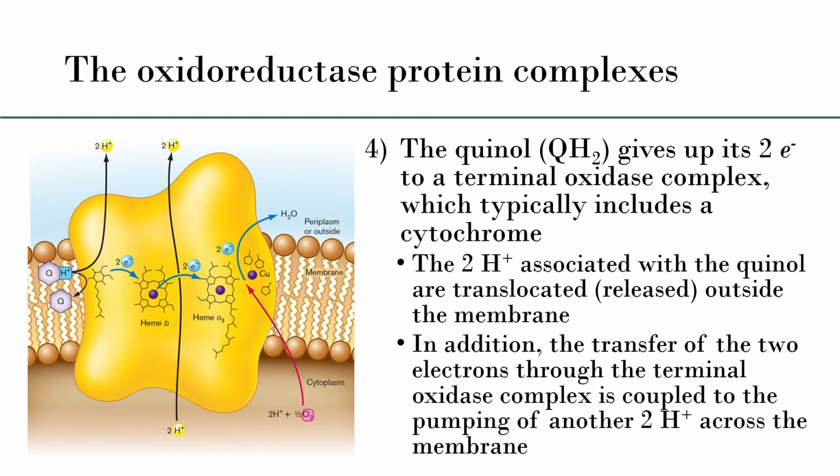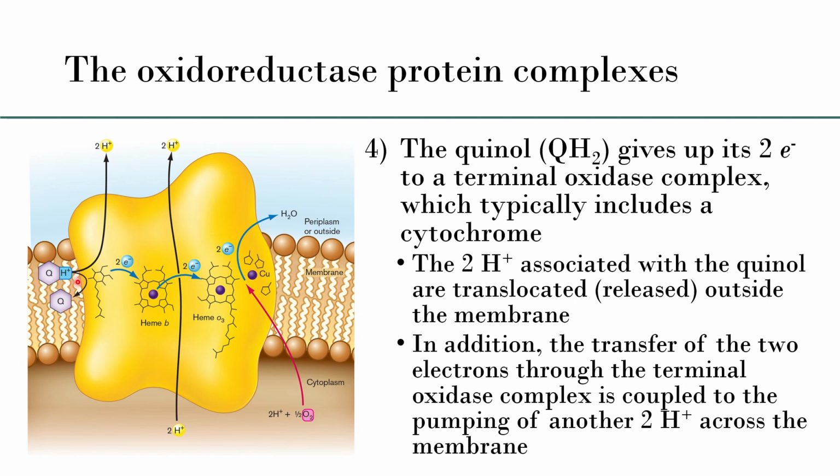Now, part 4, that quinol, the QH2, it's going to give up its 2 electrons, and it's going to give it up to this terminal oxidase complex, which is a protein. And this is the part that contains the cytochrome. So this is the part that has the color changing chemicals. And when the quinol gives up its electrons, it's going to convert back to a quinone.